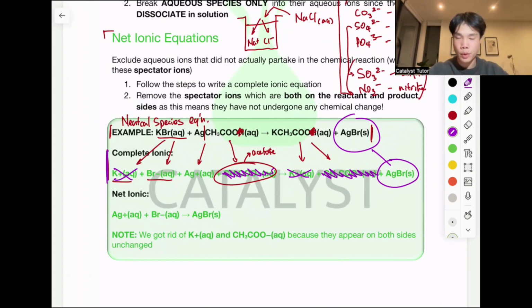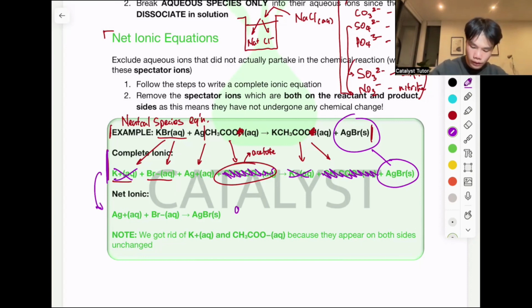The reason why we do this is because anything that exists at the start and the end unchanged, has that undergone a chemical change? No. So when we consider chemical reactions, it's always useful to only really consider what actually changed in composition. So when we write a net ionic, that's what we show.